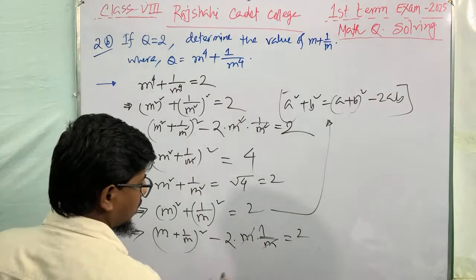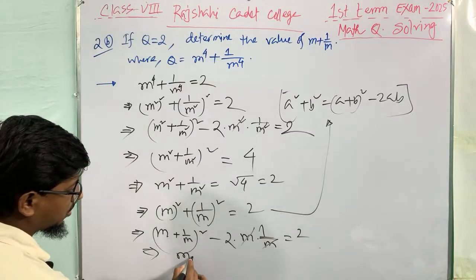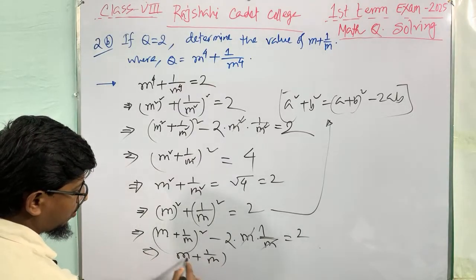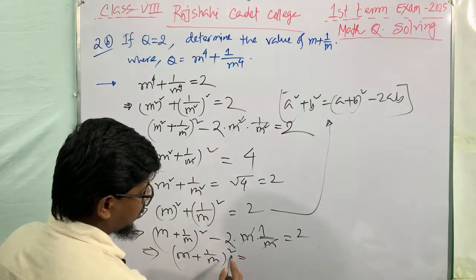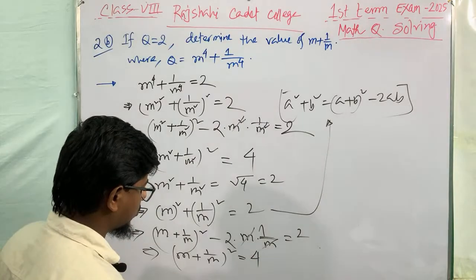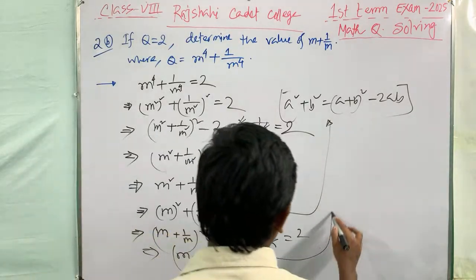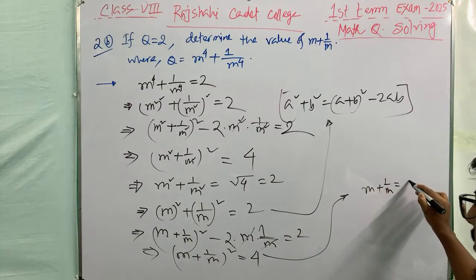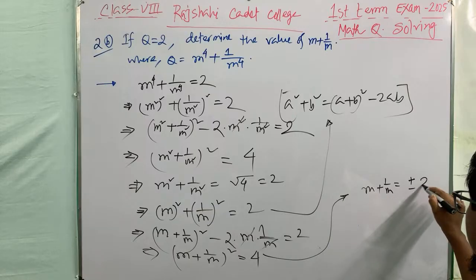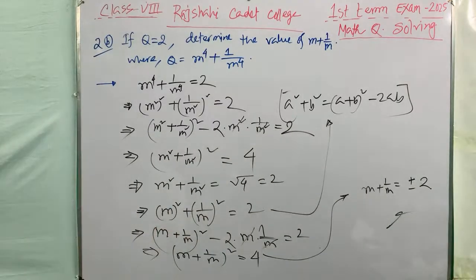Now m cancel each other out, so we have minus 2 will go to the right side and become plus 2, and hence we have m plus 1 by m equal to plus or minus 2. So that is your answer.